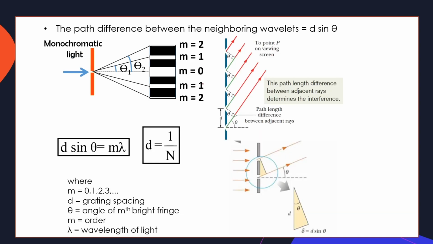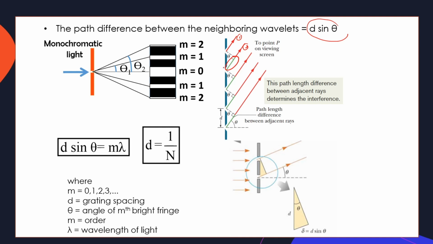Now look at the further explanation. You can see here the path difference between neighboring wavelets is equal to d sine theta. Let's take ray 1 and ray 2 and discuss these two rays. You can see here the path difference, the green color here.